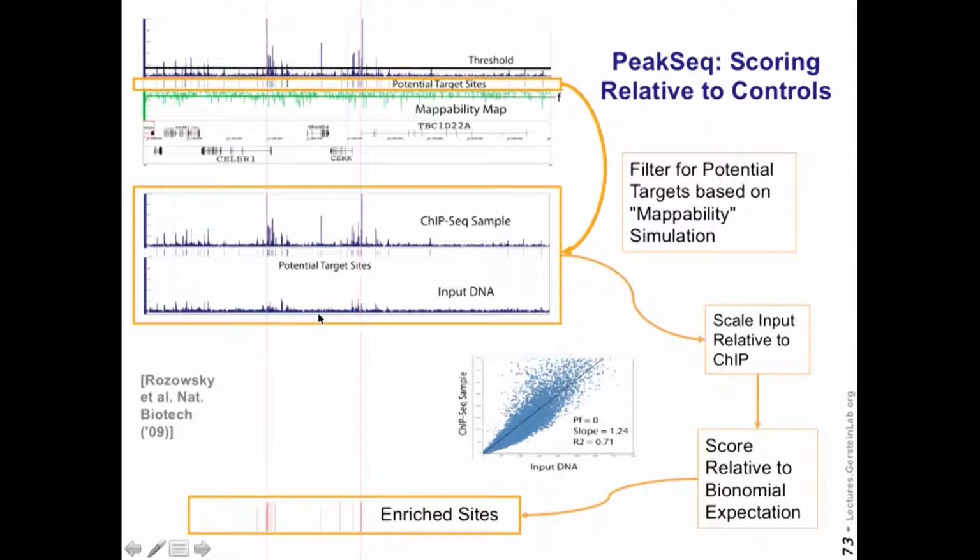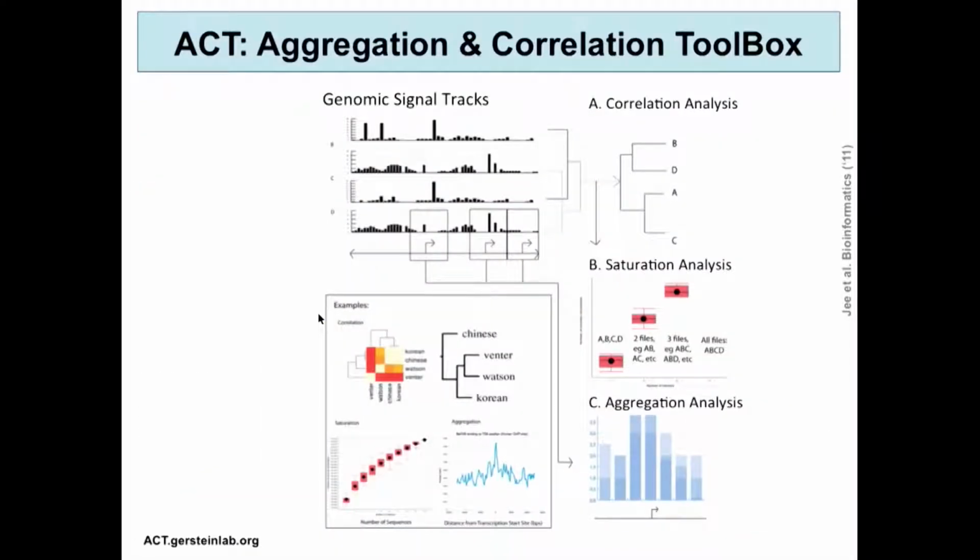Fairly simple idea. We talked a lot about aggregation plots, and this is a toolbox to create aggregation and correlation plots. If you have these genomic signal tracks, say for ChIP experiments, it's useful.